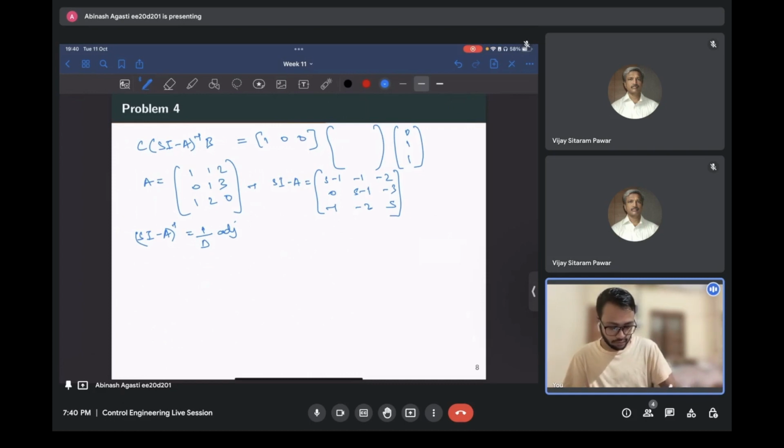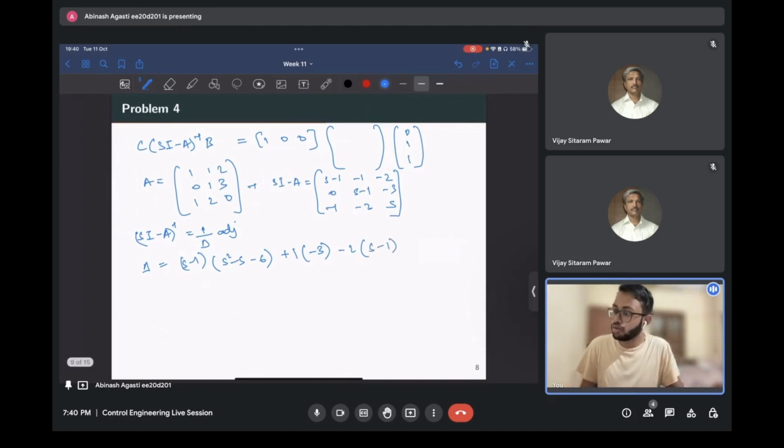So let's first find out the determinant. It is (s minus 1) whole into (s square minus s minus 6) plus 1 into minus 3 minus 2 (s minus 1). So this gives me, let me just check.